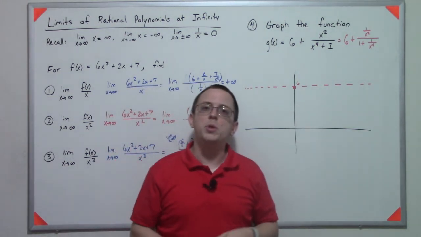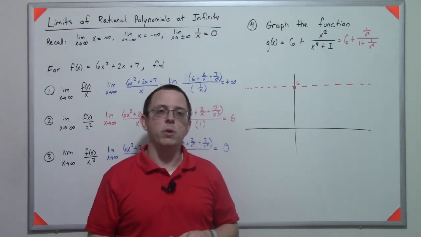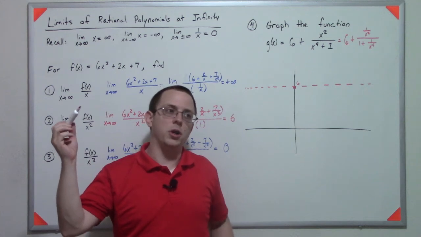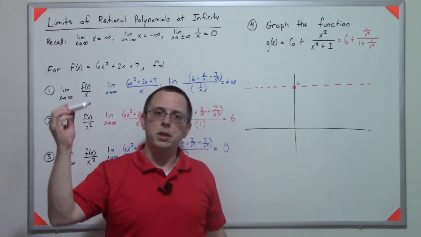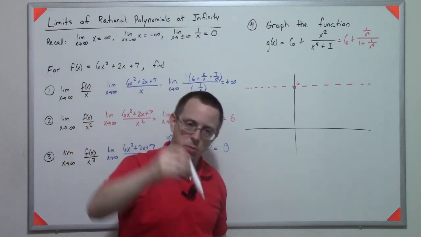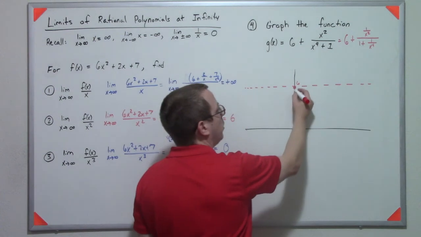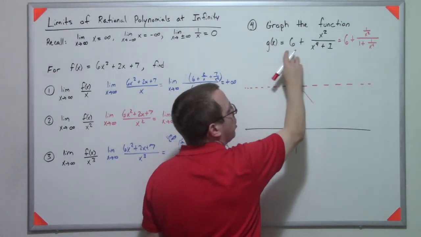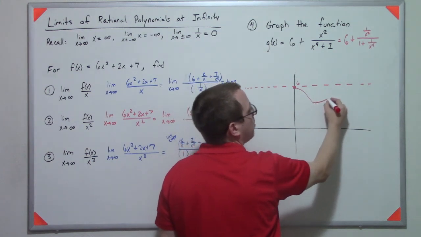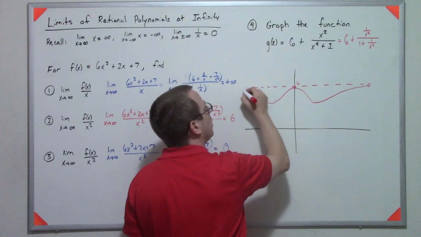Then I would need to apply the first derivative. What you're going to find with the first derivative is a critical point, and I don't remember exactly where it is, but it's going to be a minimum. So since you know it's going to be a minimum, you're going to have this type of behavior, but you know that in the long-term behavior, it comes back up to 6. So you get that, and you get it.